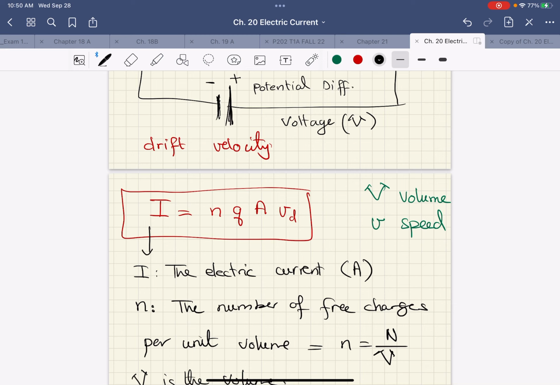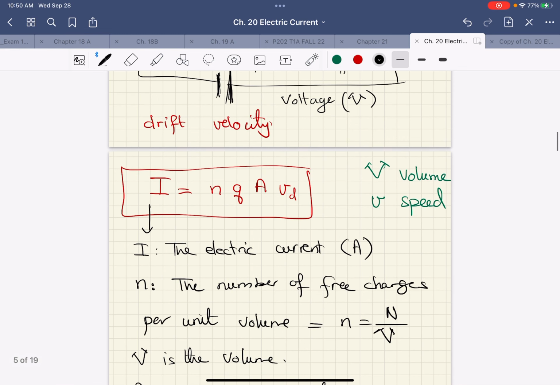Now I here is the electric current in amperes, and n is the number of free charges per unit volume, because I'm talking in general, not only about metals. Lowercase n is uppercase N divided by volume, where V is the volume.